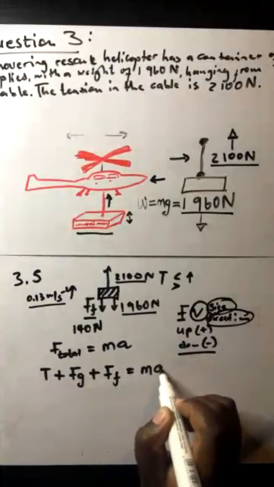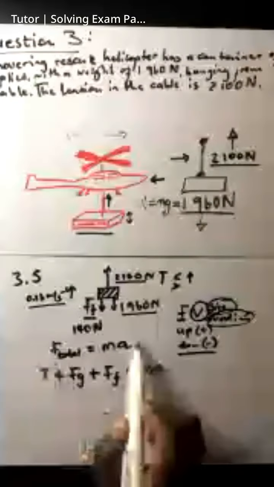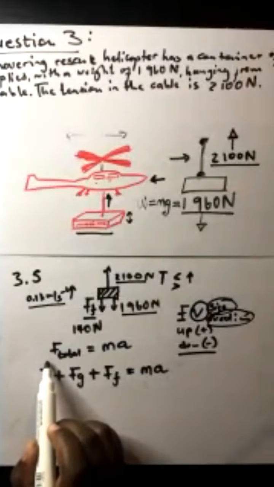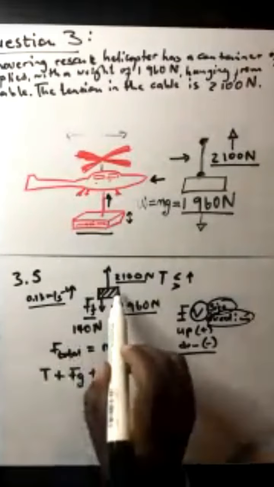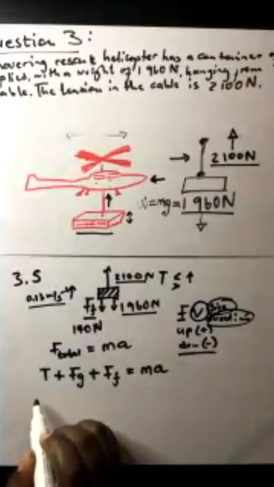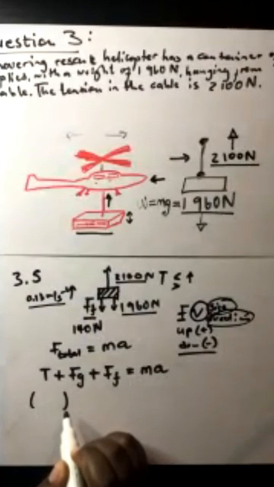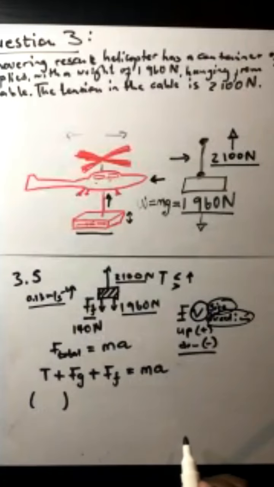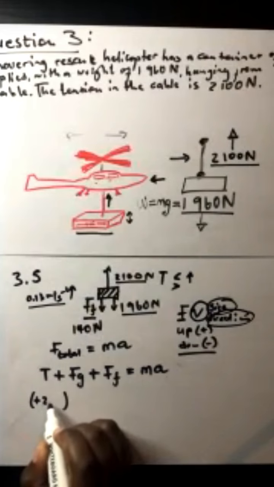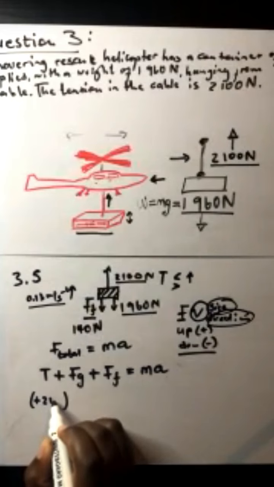So you did not change anything from that original formula. All you did was write all the forces acting on that object. So now, tension, do we substitute it as a positive or a negative sign? Positive. So that means it's positive 2,100.